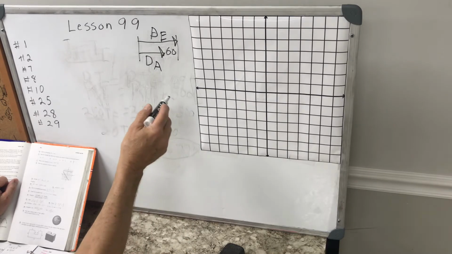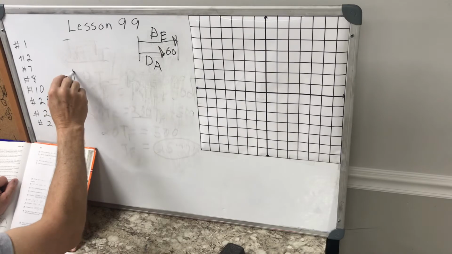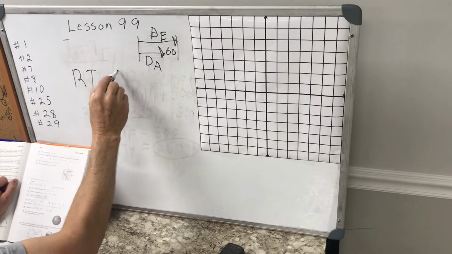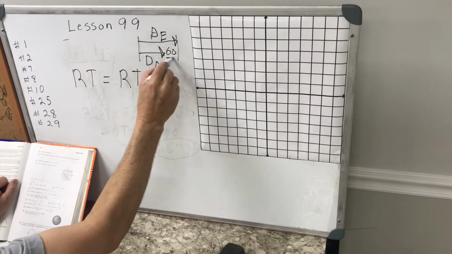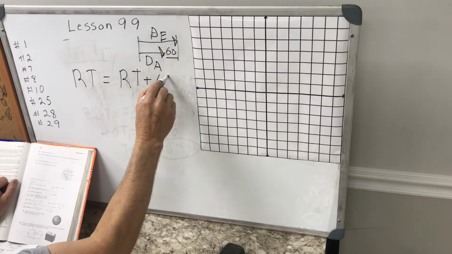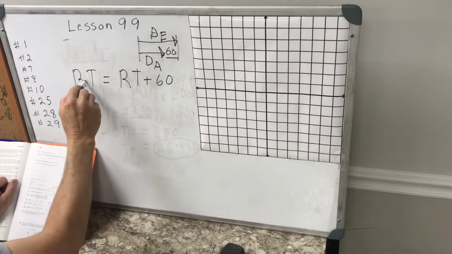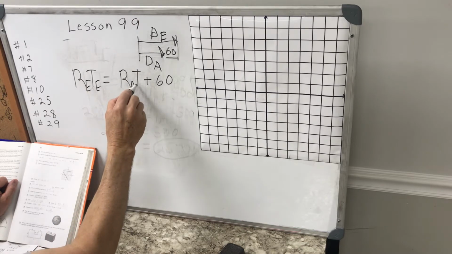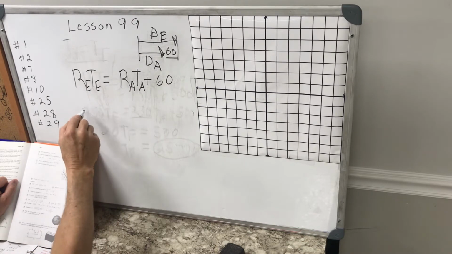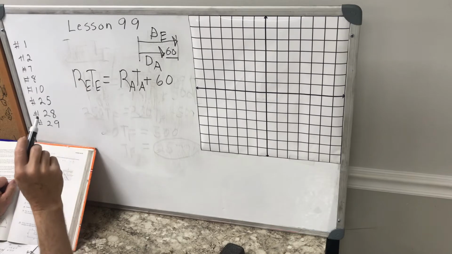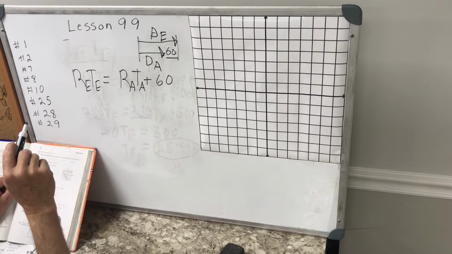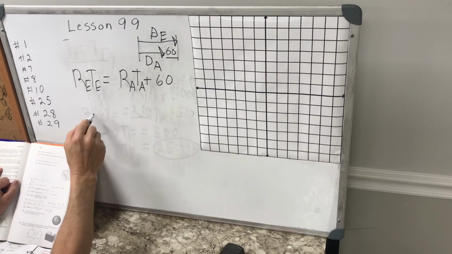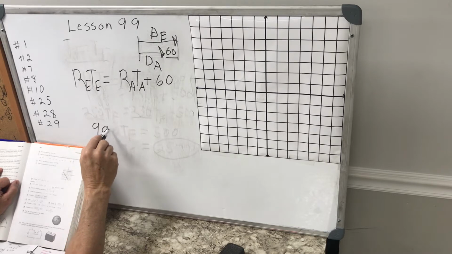Okay, so now we have our distances established. Again, we have an RT equals RT, again, plus 60. And we have Eleanor, and we have Alexi. And we have times on both of them. Eleanor started out at 9 a.m. Let me just do this for you so you understand what we're doing.